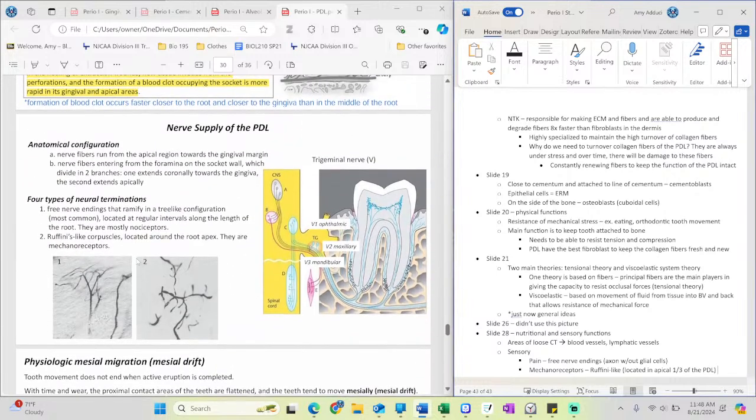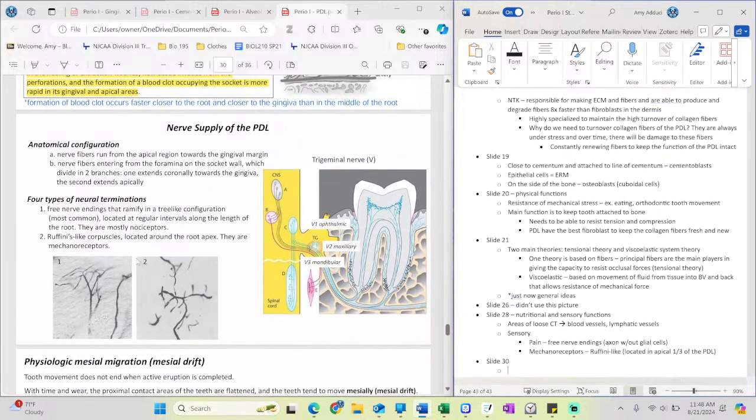The trigeminal nerve, after it leaves the ganglia, gives off three different branches. The more dorsal branch is the ophthalmic branch that goes towards the eye. Then there is the maxillary branch, and finally the mandibular branch.